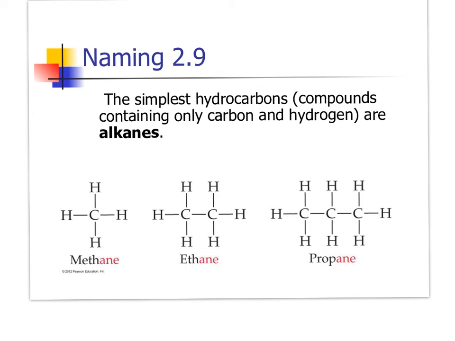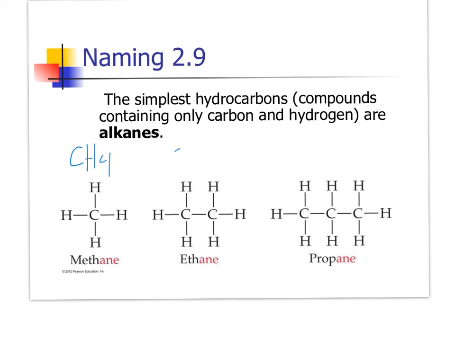Now, some things happen as you add carbon and hydrogen within their chemistry and physical properties. We'll talk more about that in chemical bonding. But what you need to know is that CH4 is not carbon tetrahydride. It is methane.